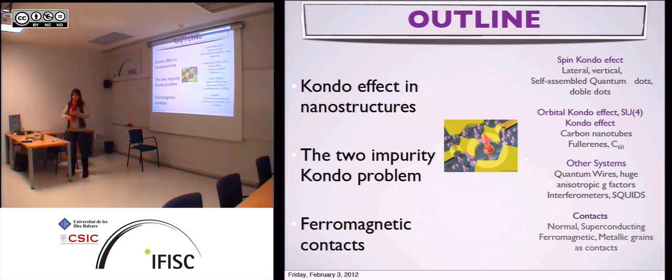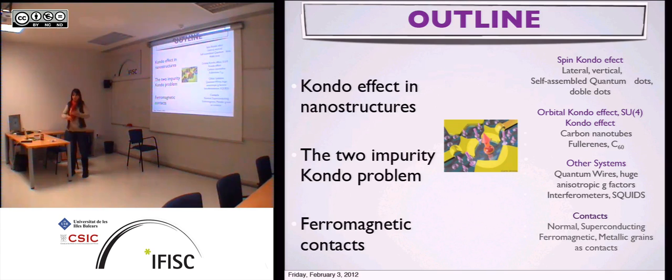The important thing is that you form a singlet state between the localized spin and the continuous electrons, the continuous states here. And at the end, what the impurity is doing all the time is just flipping.